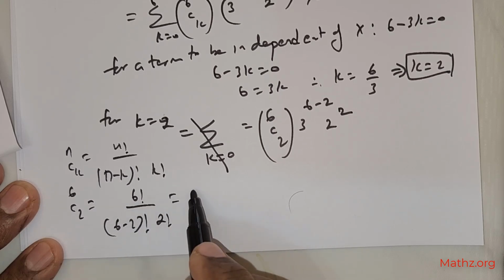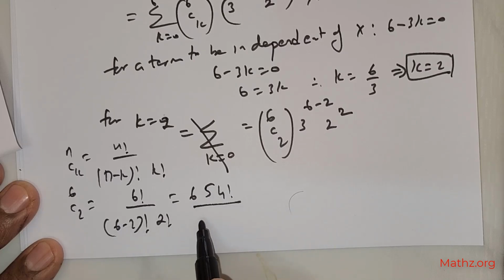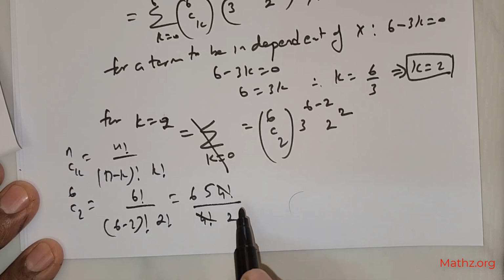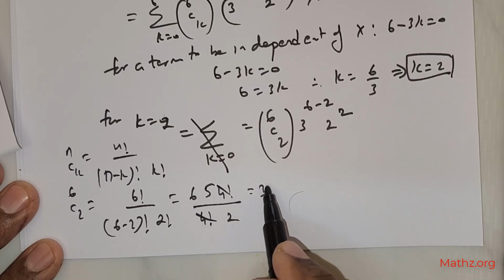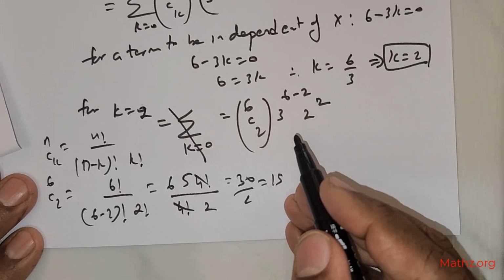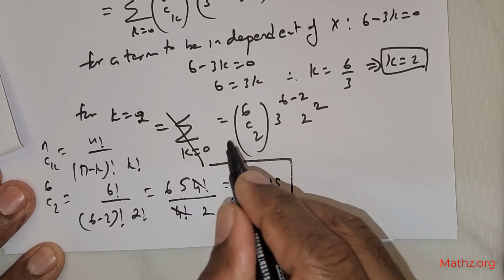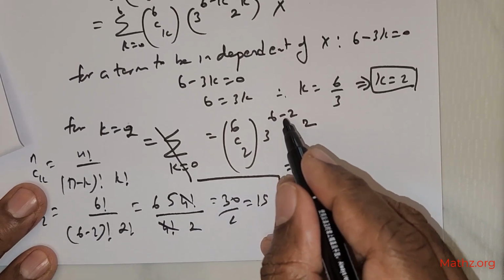I can rewrite this as 6 times 5 times 4 factorial, over 4 factorial times 2 factorial, which is just 2. 4 factorial can be cancelled, giving 6 fives are 30, and 30 divided by 2 is 15. So 6C2 is 15.